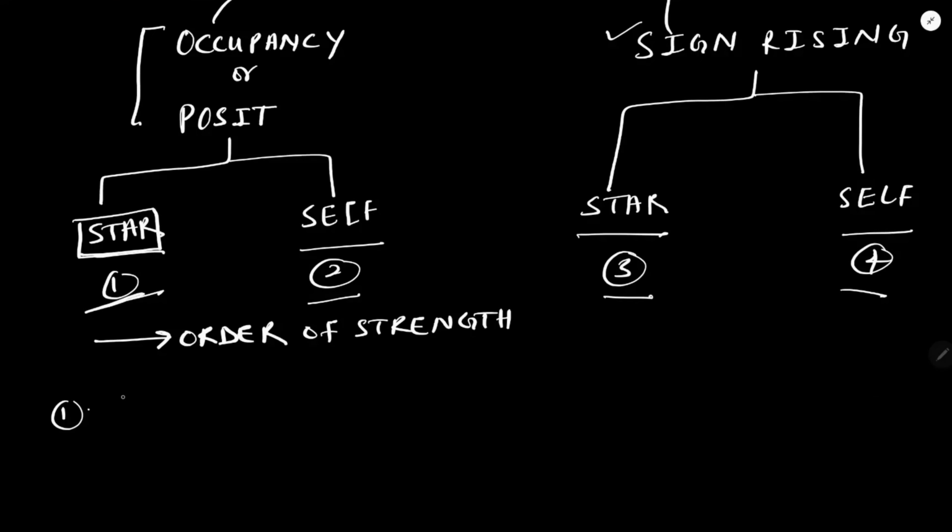First, the planet is going to give the result of the houses where the star lord is posited. Second, the planet is going to give the result of the house where the planet itself is posited.